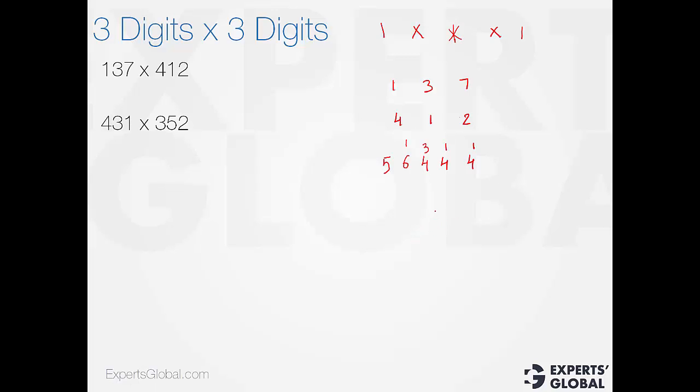431 into 352. 431, 352. So let's do it a bit quickly this time. 1 into 2 is 2, no carry. 6 plus 5, 11, 1 and 1 carry. Then 8 plus 3, 11 plus 15, 26 plus 1.